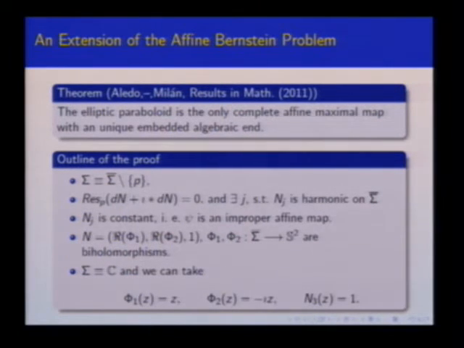We study what happens with the holomorphic one form at the end, and prove that it's possible to get a harmonic map well defined on the compact surface sigma. So it must be constant, and we obtain that the affine conormal must be a plane curve, and so we have an improper affine sphere. In that case, it's not difficult to see that the only possibility is to have an elliptic paraboloid.